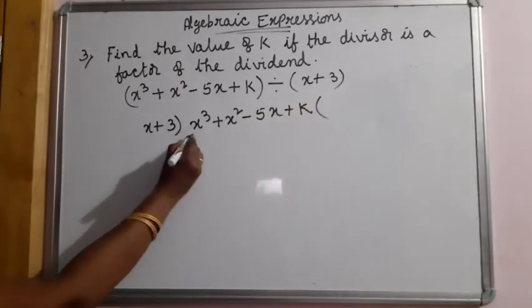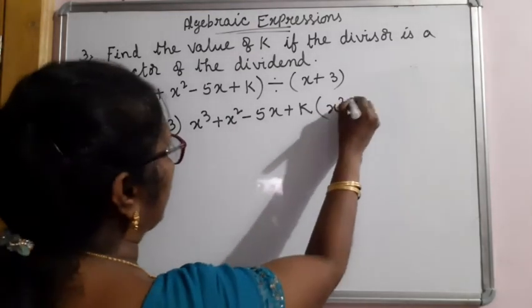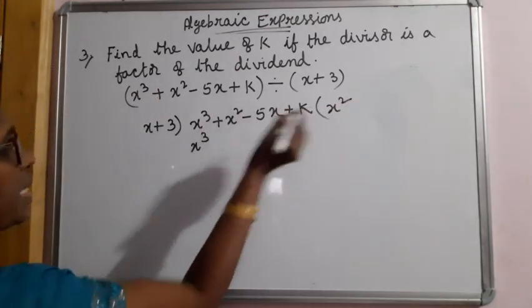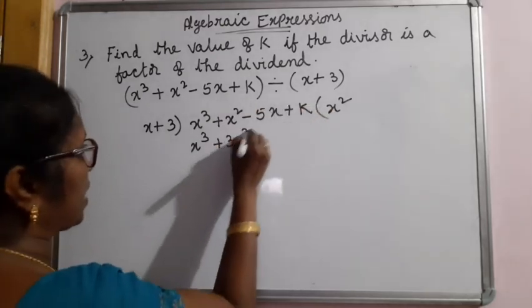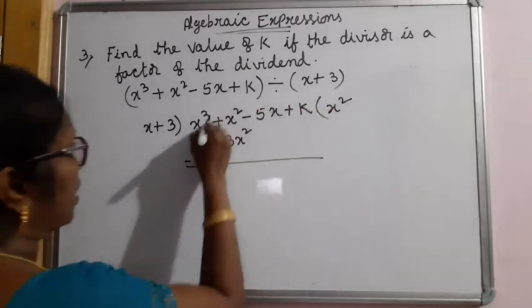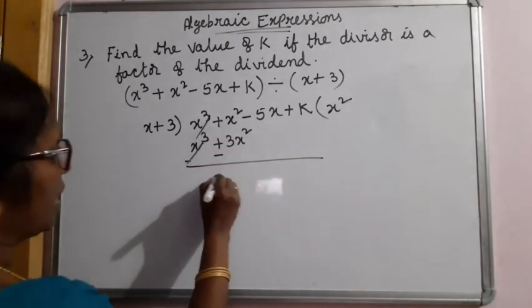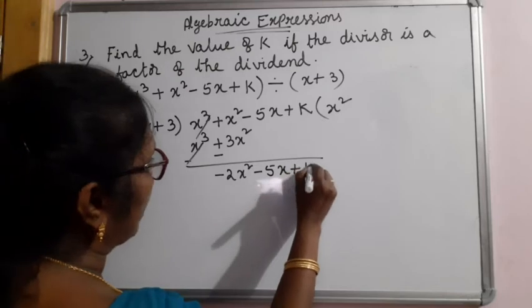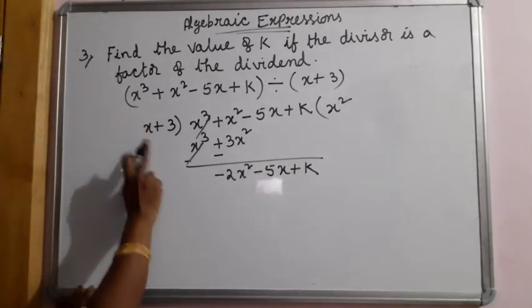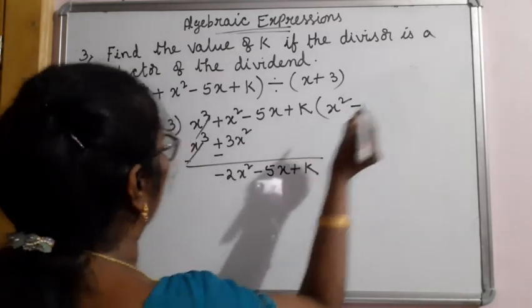Here is x cube. Let us write x square. X into x square is x cube, plus into plus, 3 into x square is 3x square. When we subtract we get minus 2x square minus 5x plus k. Now here is plus, here is minus. Let me write minus 2x.